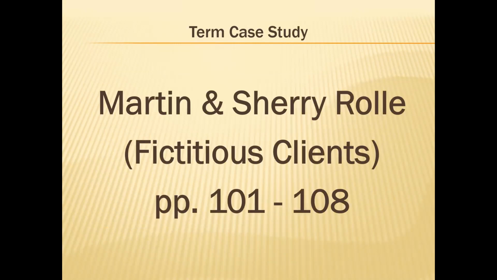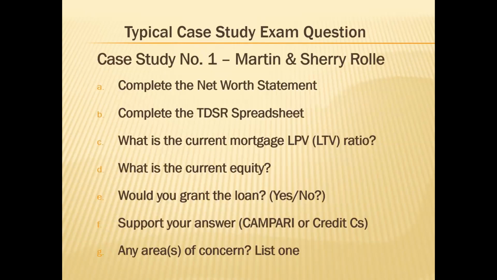So if you could take out those scripts, particularly the ones that you've completed, we'll go through them fairly quickly. We'll be doing these things: complete the net worth statement, complete the TDSR spreadsheet, answer the question: what is the current mortgage LTV ratio?